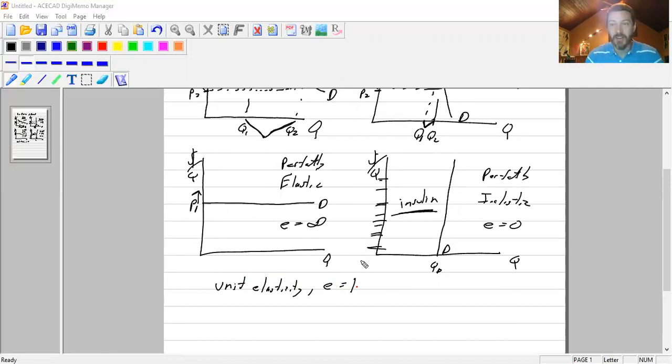That's just to complete the list of possibilities here. In this class, we're going to be talking about relatively inelastic demand curves and relatively elastic demand curves, relatively unresponsive demand curves, or relatively responsive demand curves. That's what we're going to be talking about. But you see all 5 of those to cover all the possible bases.